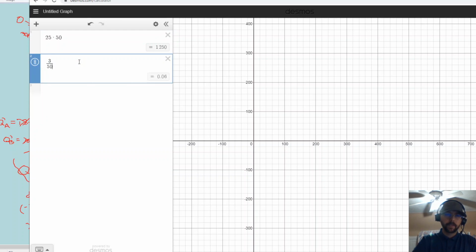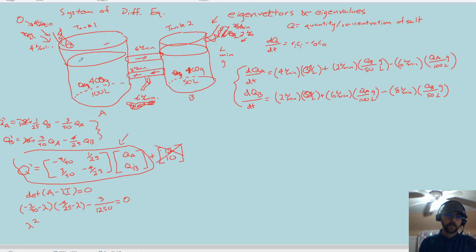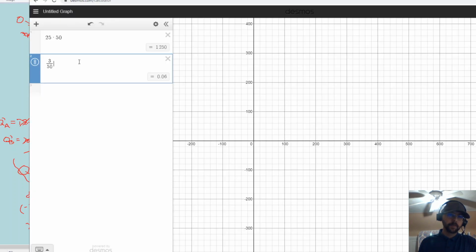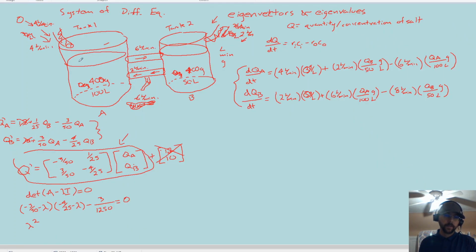3 divided by 50 is 0.06, plus 4 divided by 25 is 0.16, so plus 0.22.